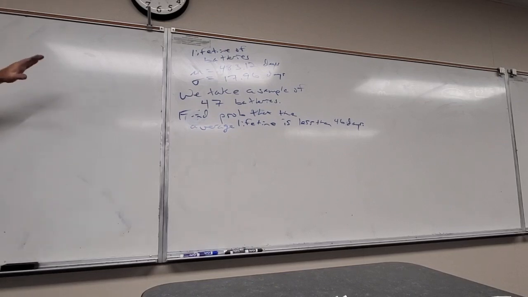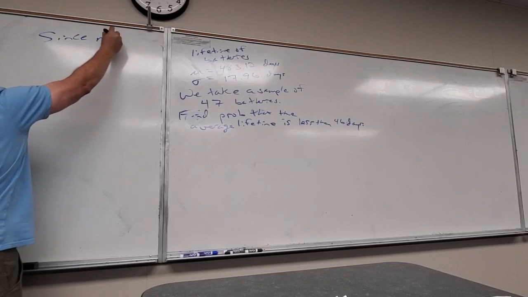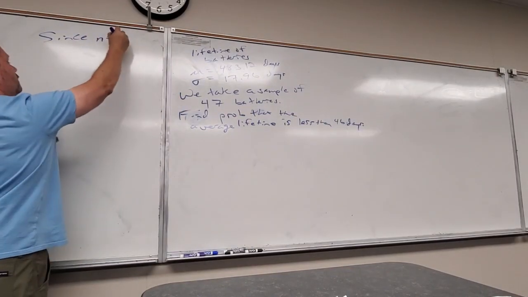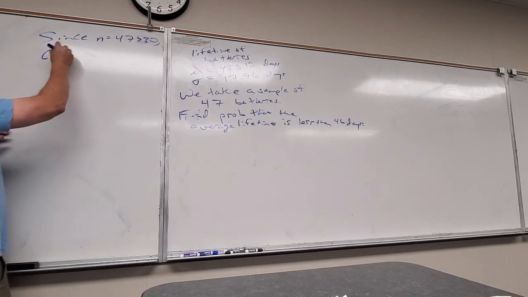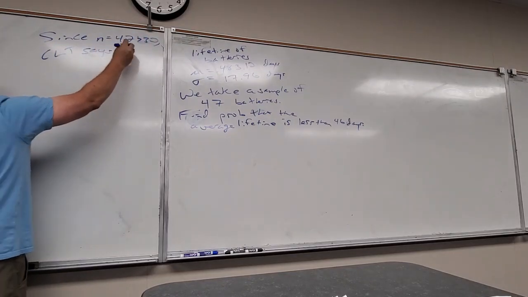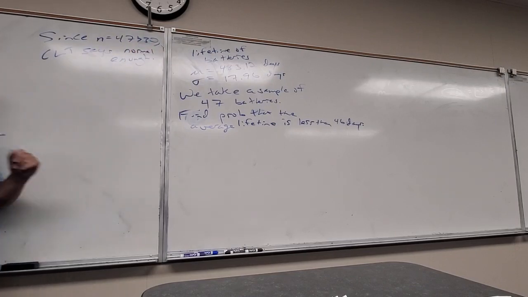Nowhere in there do I say it's normal, but what saves us? What's true? It's more than 30. Yes. So since n equal to 47 is greater than 30, central limit theorem says normal enough. Okay, let me stop for a second.